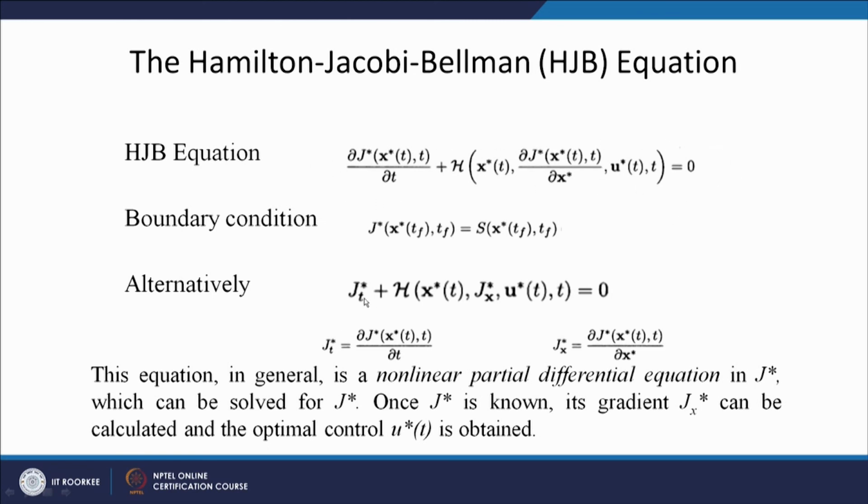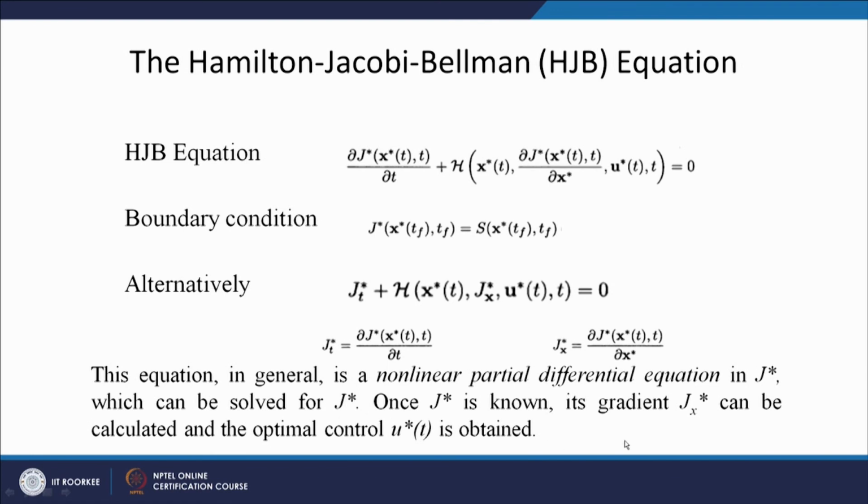This equation in more general form we also write as J_t star plus H equal to 0, where J_t is del J by del t and J_x is del J star by del x star. It is a non-linear partial differential equation in J star which can be solved for J star. This means we can find the optimal cost.